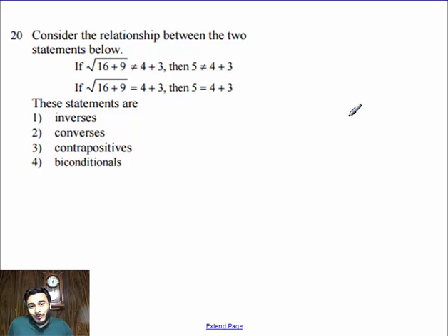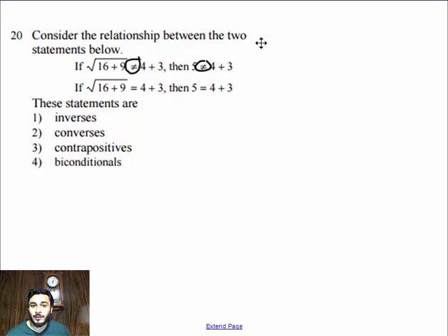Now look, some students are going to try to understand what this is saying, and that's fine. If you want to try and understand that, that's great. But what you really need to focus on for this question is this over here. In the first statement, it says does not equal for the hypothesis and the conclusion. And in the second statement, it says equals.